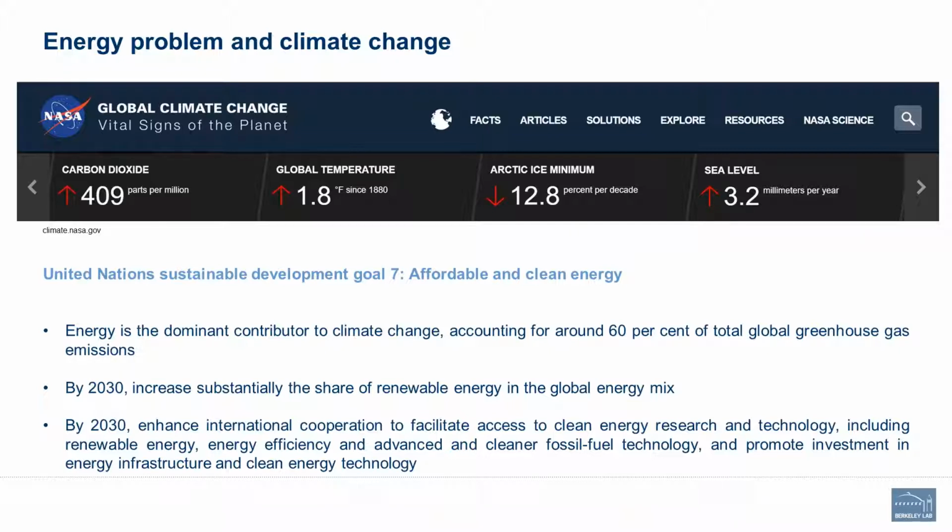As targets, the United Nations has by 2030 to increase the share of renewable energy in the global energy mix, but also to enhance international cooperation to facilitate access to clean energy.